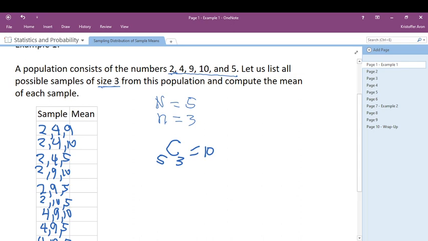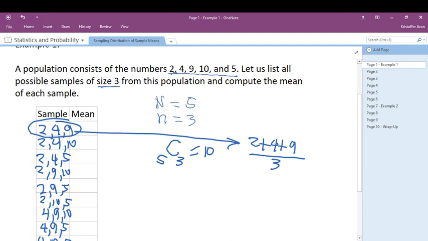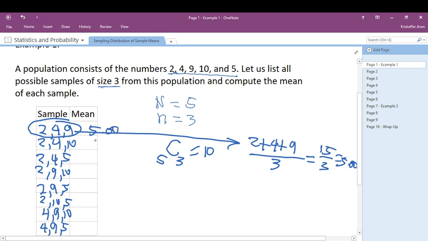In order for us to get the mean, just like for this one, we can have 2 plus 4 plus 9 all over 3. That's equal to 15 over 3, which is 5, or 5.00. So we can have 5.00 here.